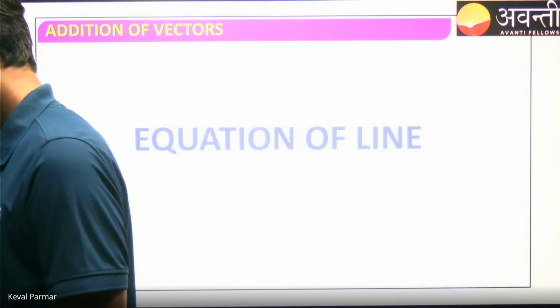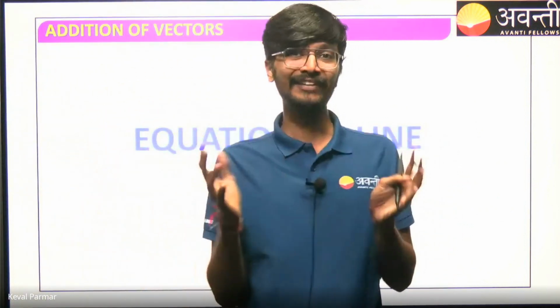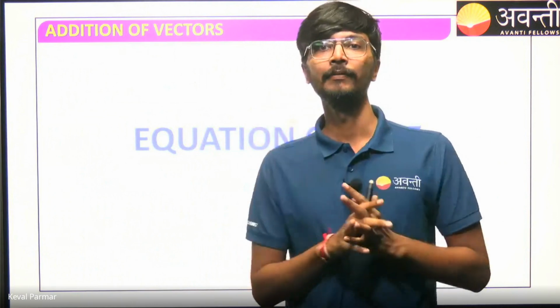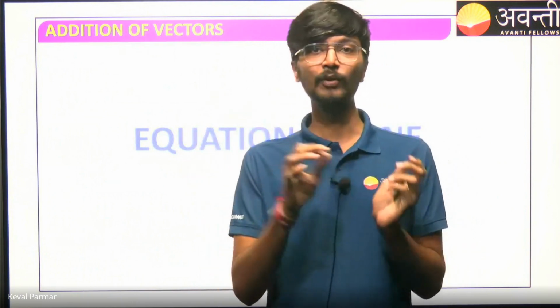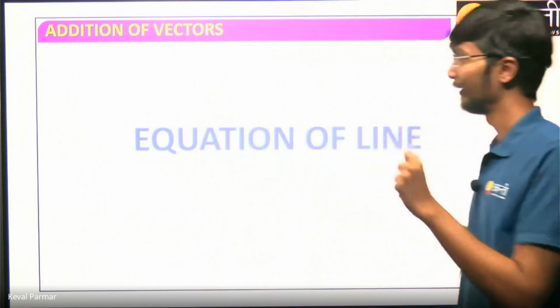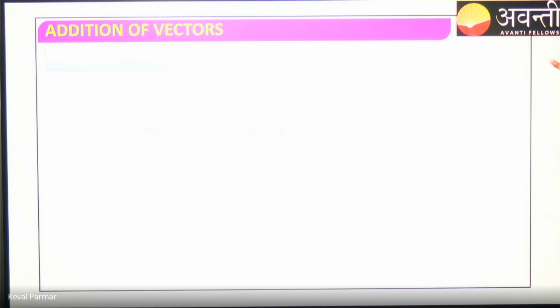As we know, in 2D geometry or the 2D XY plane, we have studied straight line. We got the equation of straight line. So here, what is meant by equation of line in 3D? In 3D, we have equation of line in two formats.